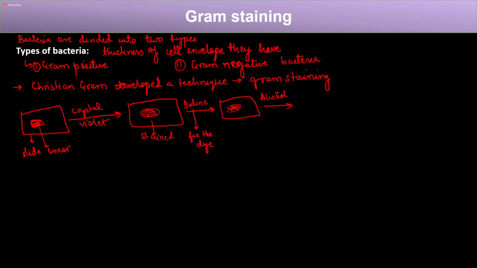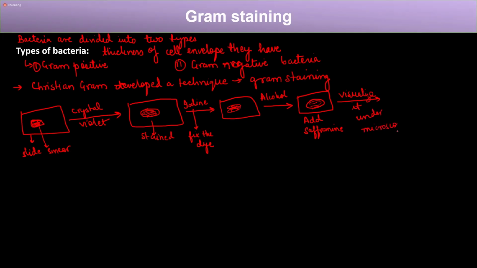So alcohol is a destainer that you will use. And after washing it with the alcohol, you will add another dye that is safranin, and then you will visualize it under the microscope.